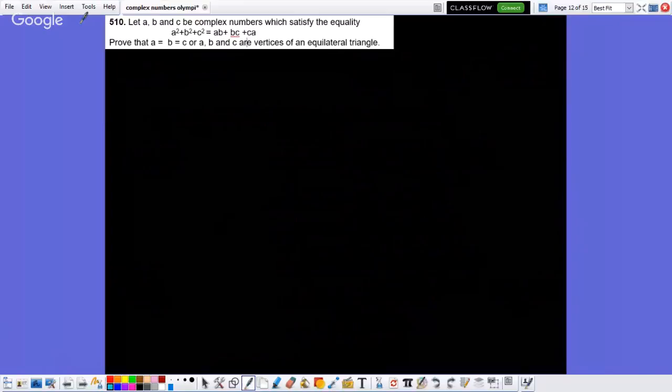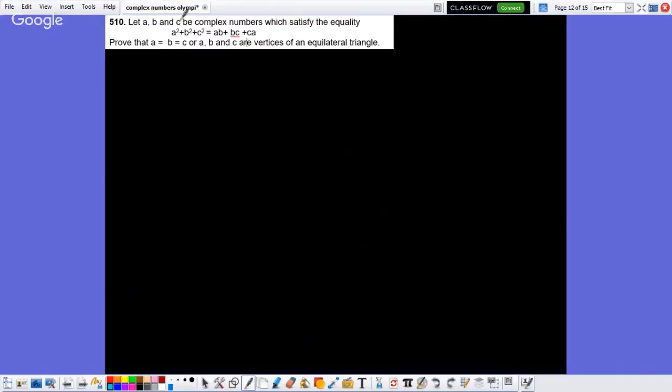Then a squared plus b squared plus c squared is equal to ab plus bc plus ca. Okay, then firstly I'm going to try to prove this one.